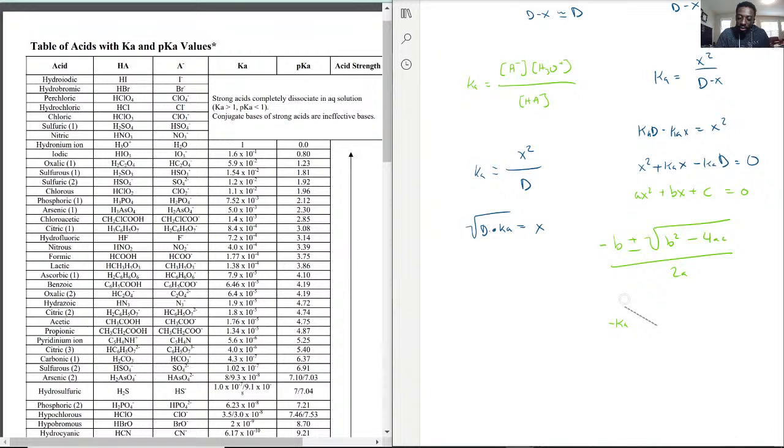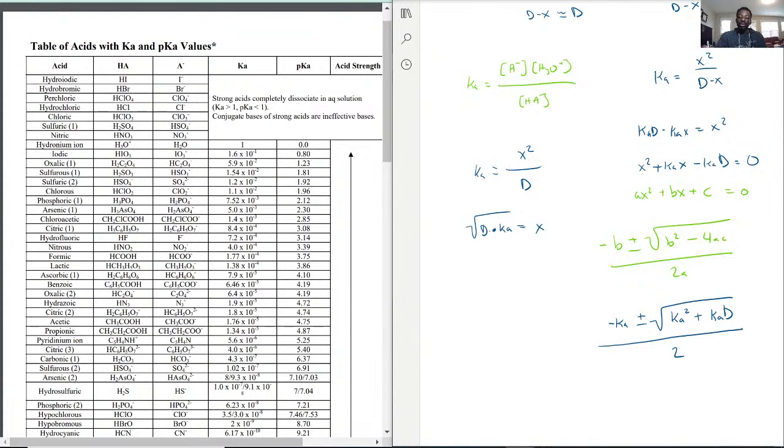Knowing the values we have there, if we simplify this, it'll be minus Ka plus or minus the square root of Ka squared. It's going to be plus because the last part is minus Ka D. A is 1 and C is Ka D, so it'll be Ka squared plus Ka D, and then the whole thing will be divided by 2.